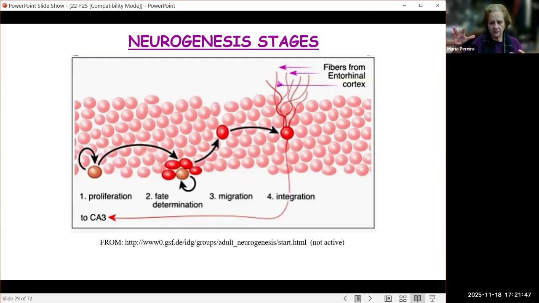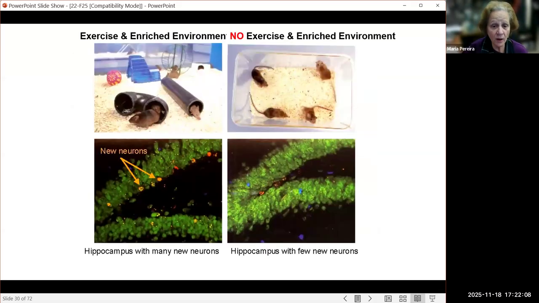And during development, there's cues that are generated that allow for the neurons, the axons, the processes to grow in specific directions. And when we are an adult and we put in new neurons, those cues might not be available already.